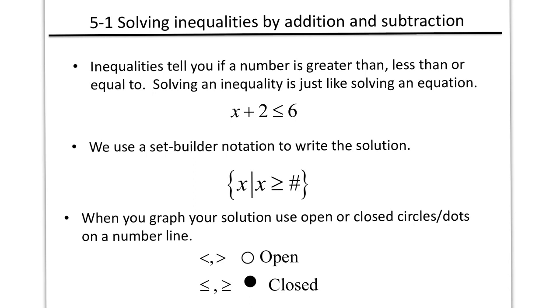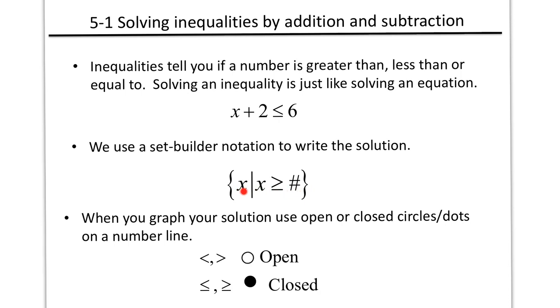We'll do that in the example, but first, before we actually do one example, I want to show you something that we're going to use for our answer. When we write down our solution, we are going to use what is called set builder notation, or you can say set notation. A set notation is when you have the brackets here, and we have the x inside with the vertical line in between. So if you notice here on your solution, this is a set notation.